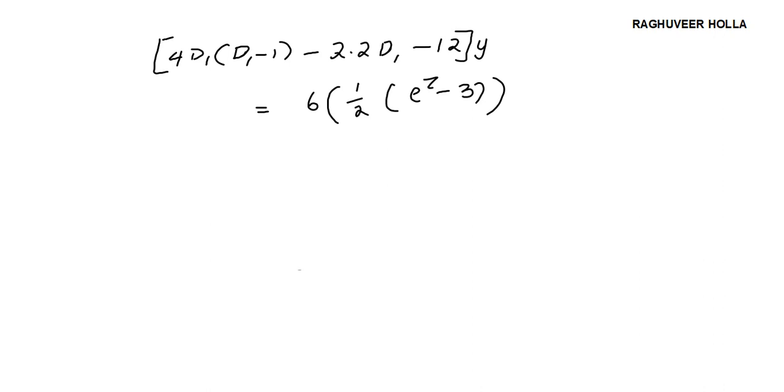After simplifying, I get the final as (4 D1 squared minus 8 D1 minus 12) multiplied by y, which is equal to 3e to the power of z minus 9.